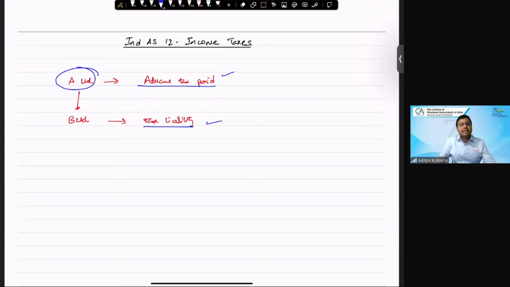Source is IAS 12. There are certain countries which allow offsetting of taxes of one entity against the liabilities of another entity, and they do the assessments on a group basis. When they do this assessment on a group basis, this net setting is permitted, which is why I just gave this.